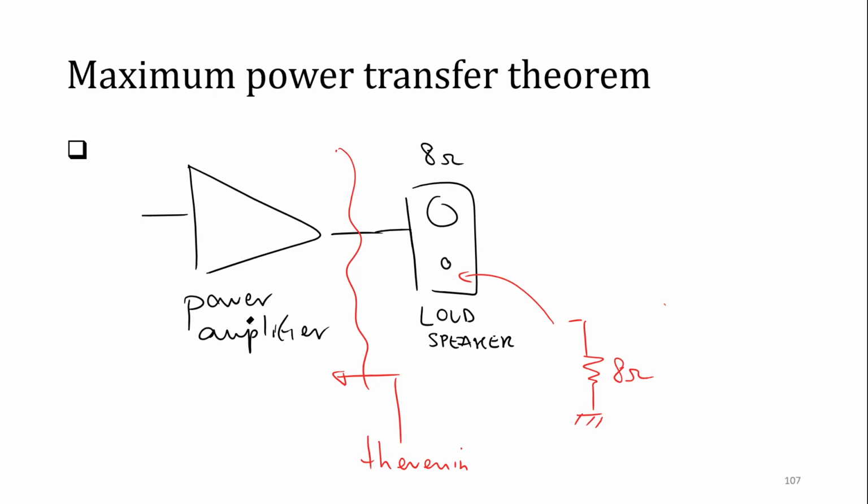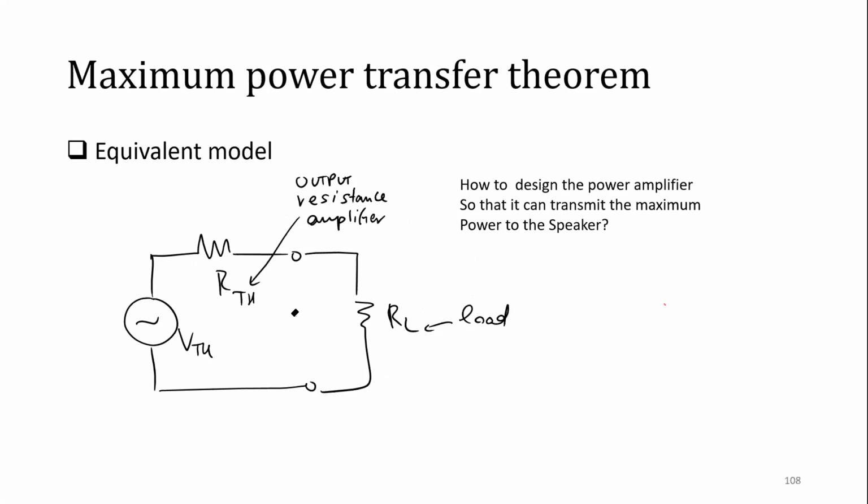And how do I model the power amplifier? I told you that the power amplifier is something that generates a signal, so it's an active device. And we saw from the last lecture that all active circuits can be modeled with a Thevenin equivalent model. So I can just replace the power amplifier with an equivalent model, and now it's very easy to understand how to solve this circuit, right?